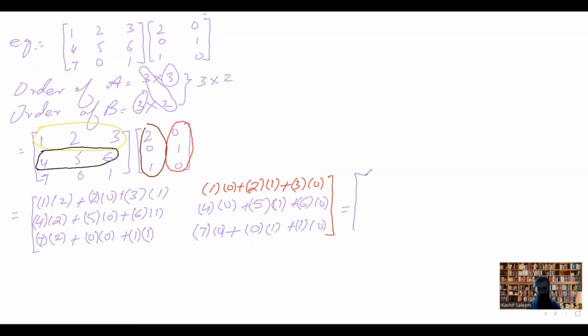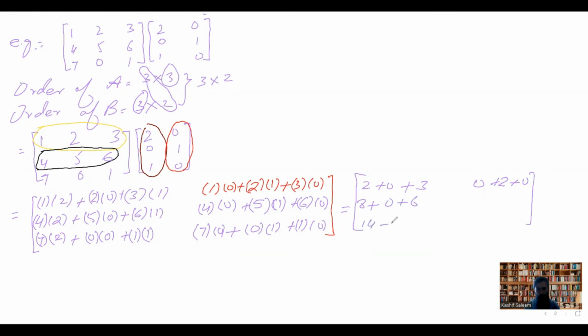So what is the answer? So this is 2 plus 0 plus 3. And this is 0 plus 2 plus 0. And this is 8 plus 0 plus 6.